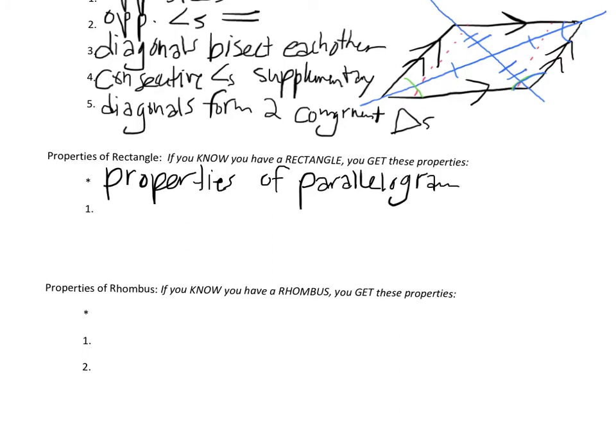That's to say that if we have a rectangle, we instantly know it has 2 pairs of parallel sides. We also know it has 4 right angles. And we also know it has all the properties of a parallelogram that we just stated above.